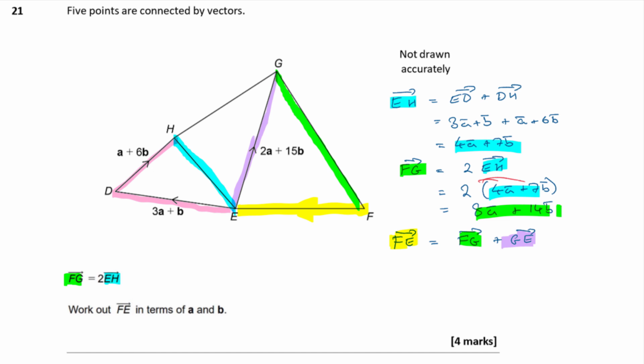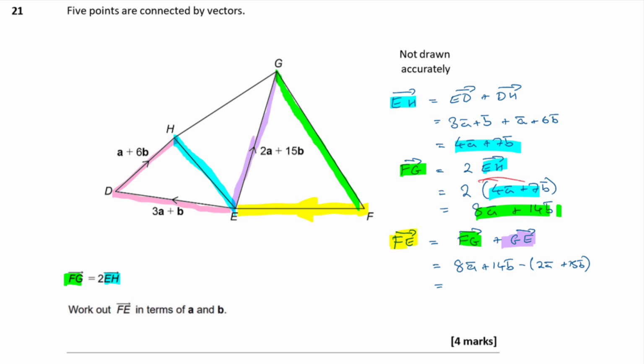All right, so f to g I know is 8a plus 14b, because I found it a minute ago, and I'm not actually given g to e, I'm given, can you see the arrow goes the other way? So it's actually minus that, so I'm going to be taking that one away. It's a negative version of that, so I'm going to be taking away 2a plus 15b. Okay, because I'm going against the flow, I'm going against the arrow.